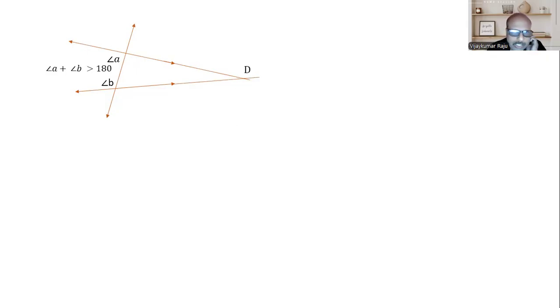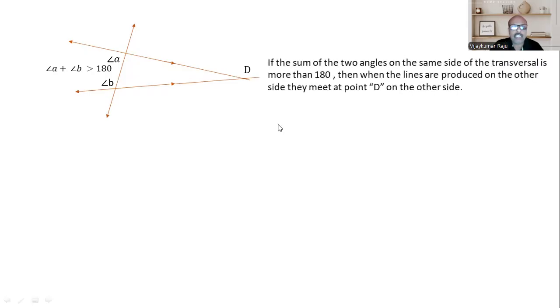So if the sum is greater than 180 also, they intersect at some point outside if you produce the lines. So again, if the sum of the two angles on the same side of the transversal is more than 180 degrees, then when the lines are produced on the other side, they meet at point D on the other side.